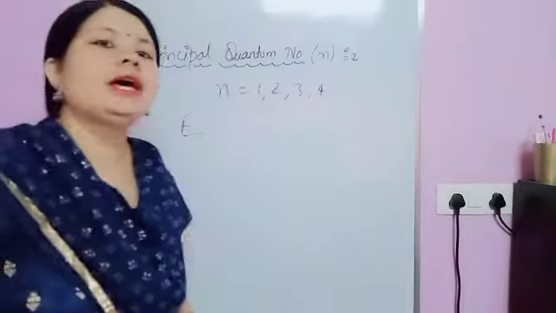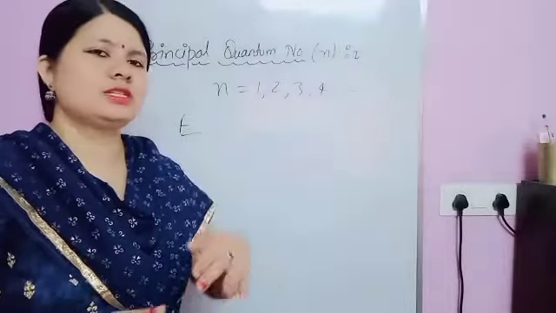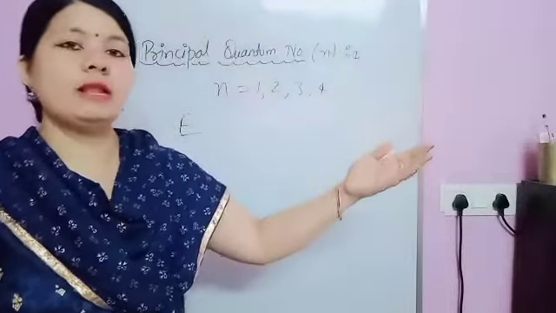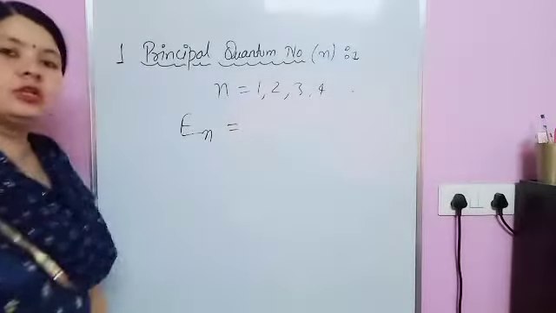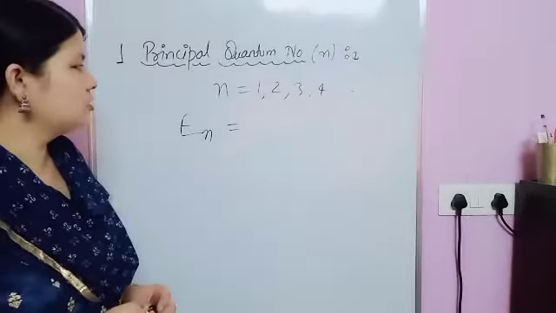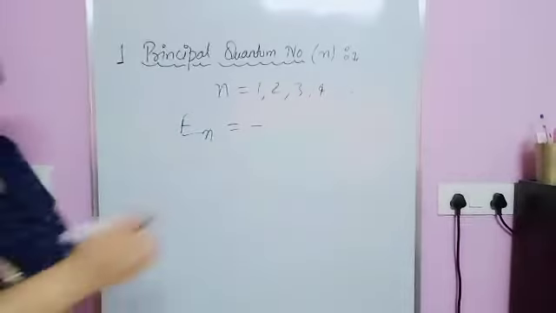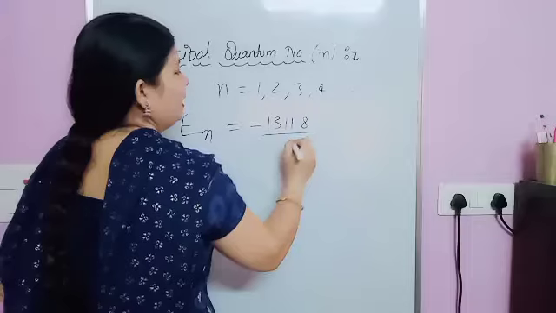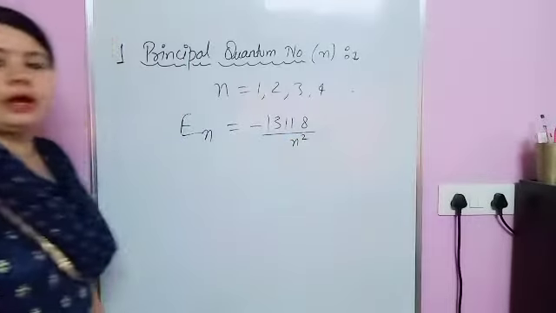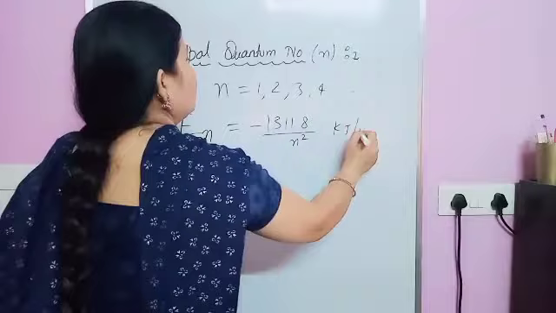And how? With the help of one simple formula. एक formula दे रखा है along with values, just like we have done earlier, हमने पहले भी पढ़ी है values. Suppose that is for nth orbit, the energy of the electron is equal to minus 1311.8 upon n square, and this is in kilojoule per mole.